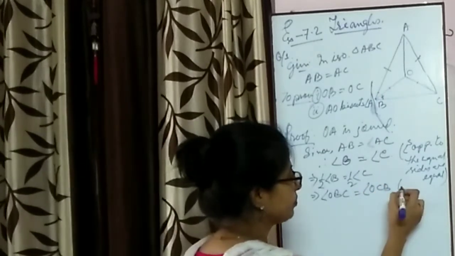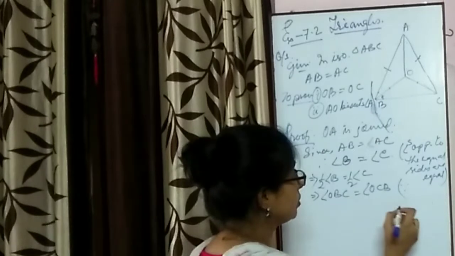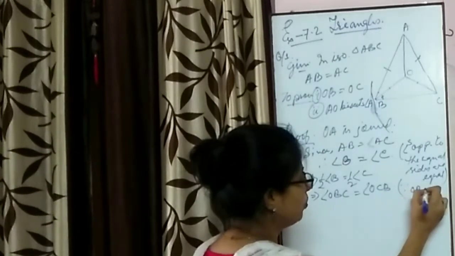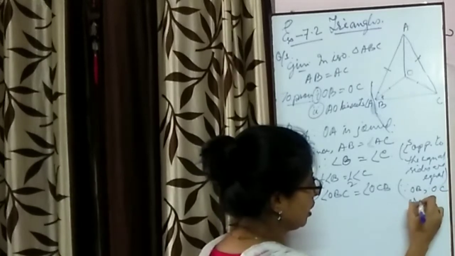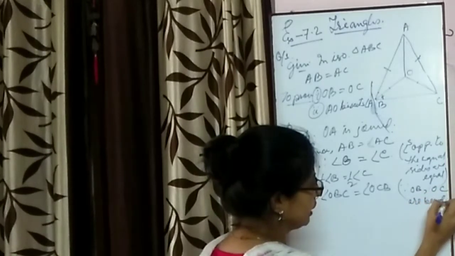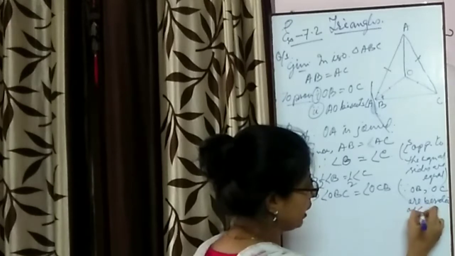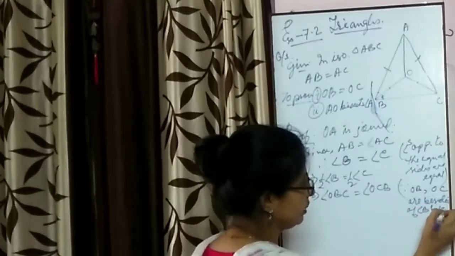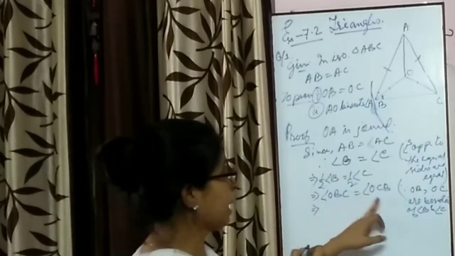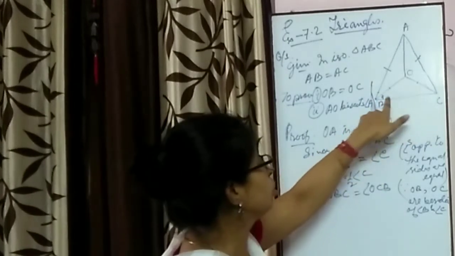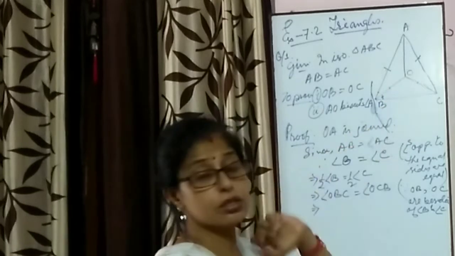Here you write, since OB and OC are bisectors of angle B and angle C. So if this happens, opposite to those angles, the sides are also equal.